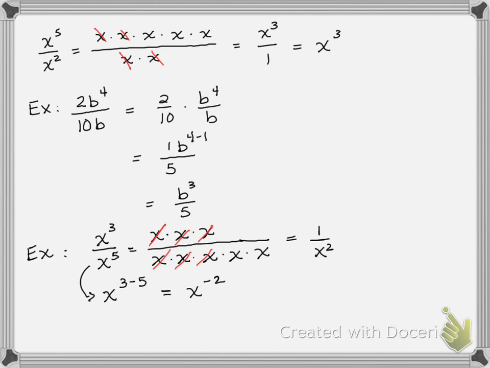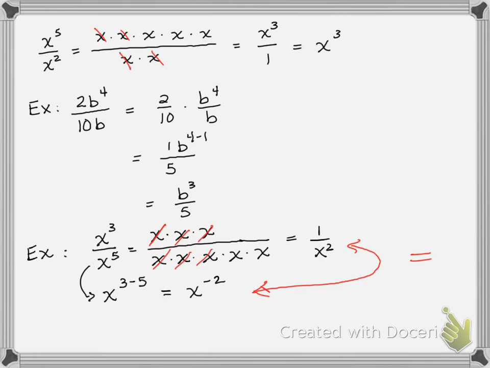If we use 2 techniques that are both totally valid, then they both have to produce the same result, which we just did. The quotient rule is totally legal, and writing out factors and canceling is also totally legal, which means the only possibility is that these 2 things are equal to one another. So 1 over x to the second is equal to x to the negative 2.